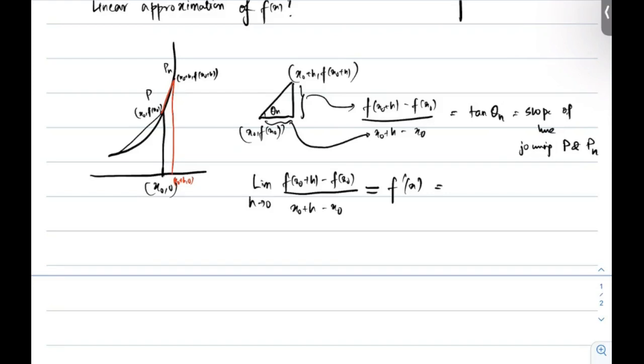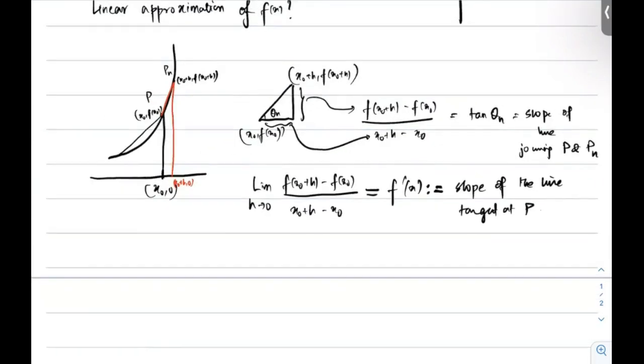You can see it makes sense. It is the slope of the line. That's how we define the slope of the line tangent at P. That's his definition. It came from intuition, right?